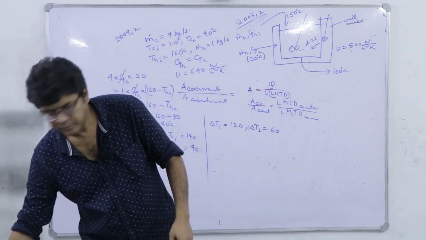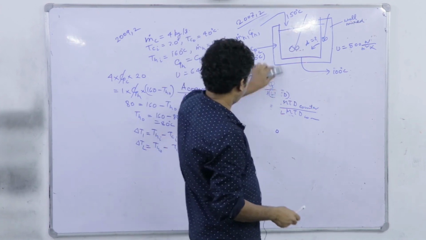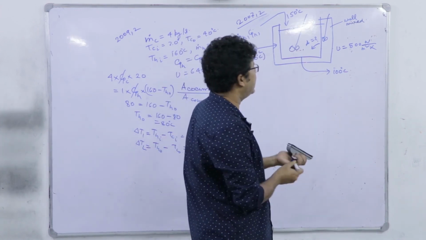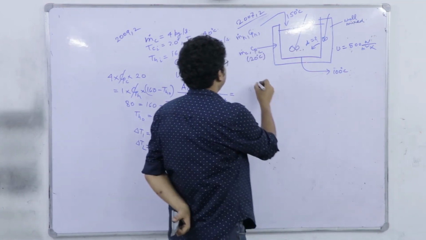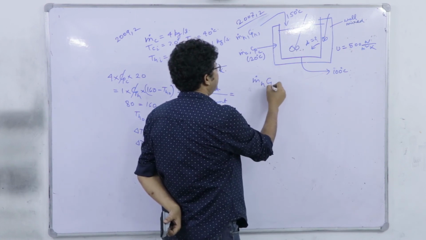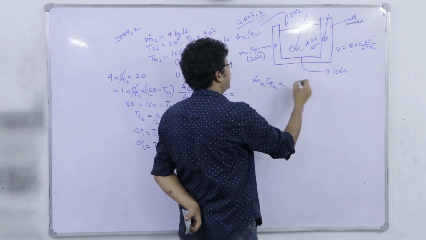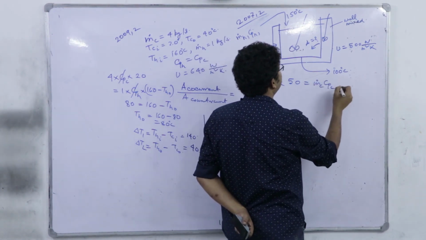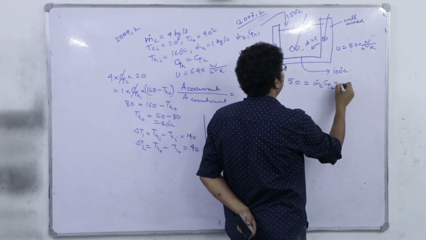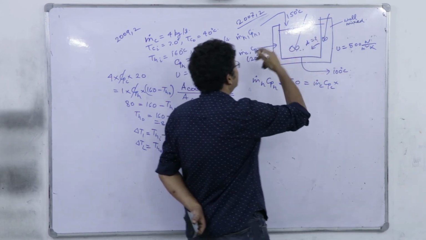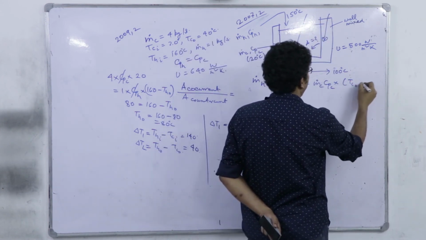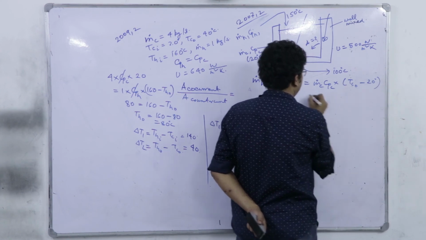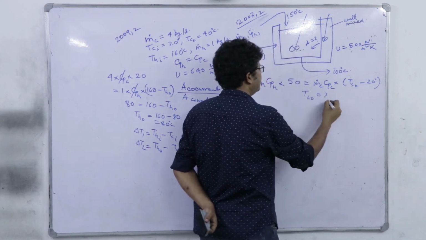Okay. So you see, by using this enthalpy balance, m dot h Cph into 150 minus 100, that is 50, equals m dot c Cpc into TCO minus 20. So we can solve for TCO, right.